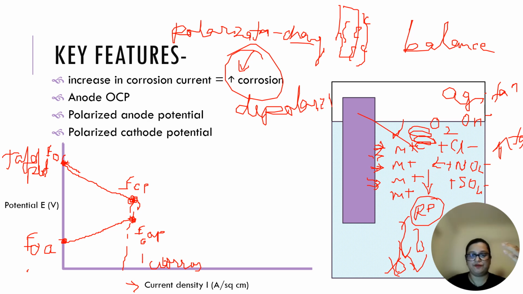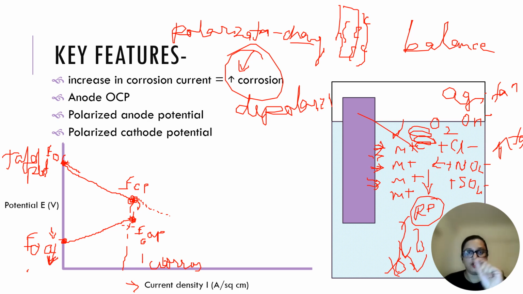What is this in terms of the plot? When this depolarization occurs, this EOC is going to reduce further, and this EOA is also going to reduce further. So how does it get reduced? The EOA reduces down. Why am I saying it reduces?